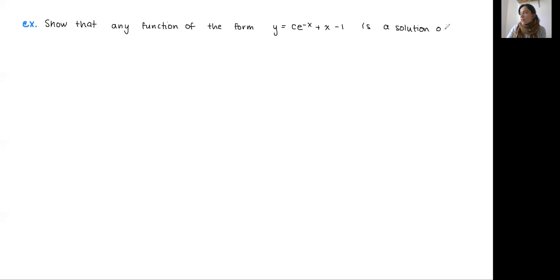All right, so for the next example, I'm going to ask you to show that any function of the form y is equal to c times e to the minus x plus x minus 1 is a solution of the equation y prime plus y is equal to x.